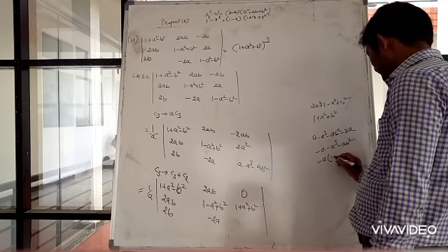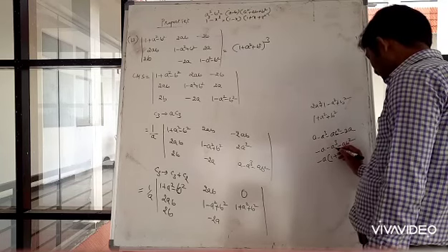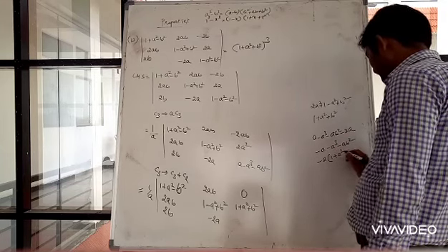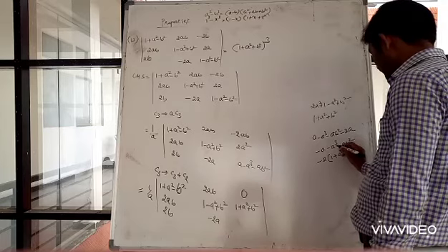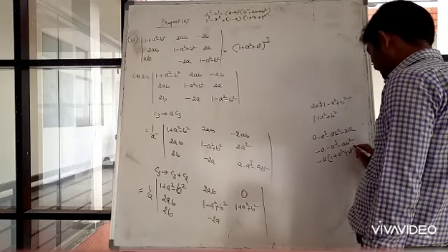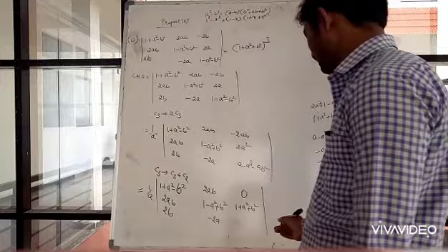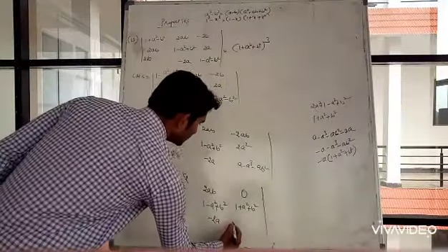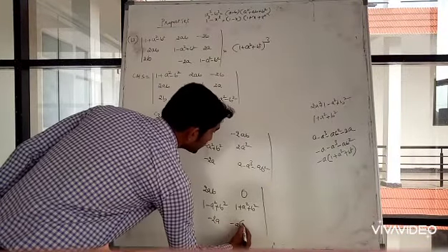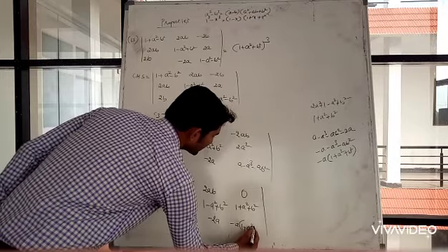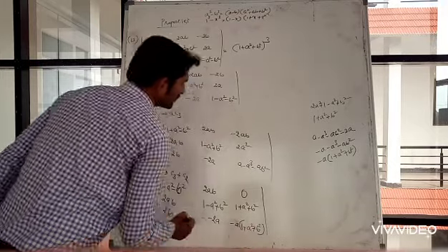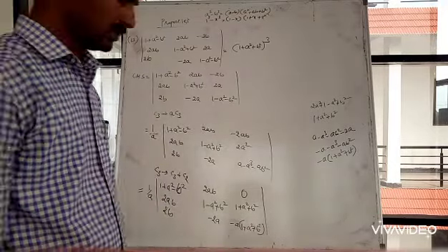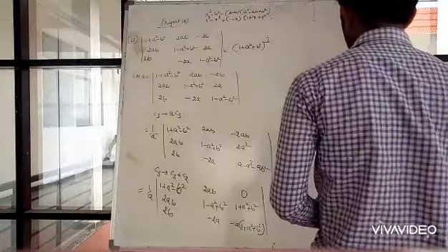Minus a, 1 plus a square will remain. Here also minus a outside, plus b square will remain. So in the last element, minus a into bracket 1 plus a square plus b square will come. Because we require on the right hand side that only, 1 plus a square plus b square.